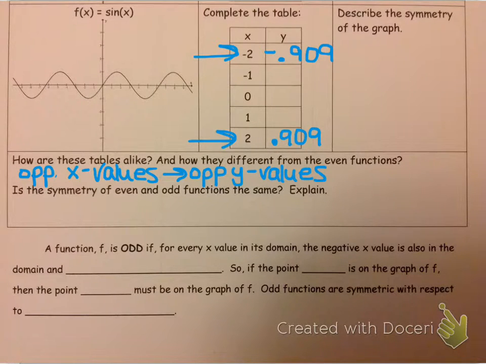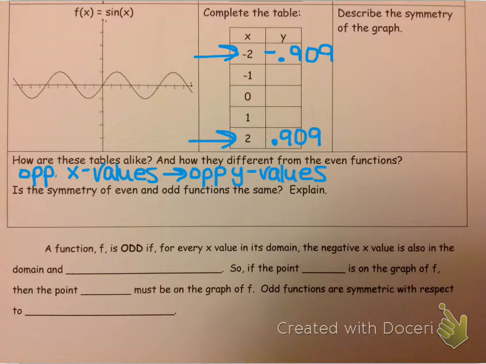And so how they're different from the even functions is basically already been stated, because even functions, opposite x values produce the same y values. And in odd functions, opposite x values produce opposite y values.